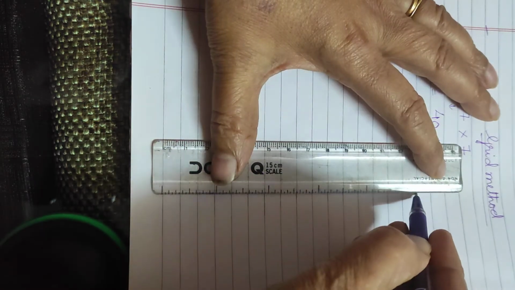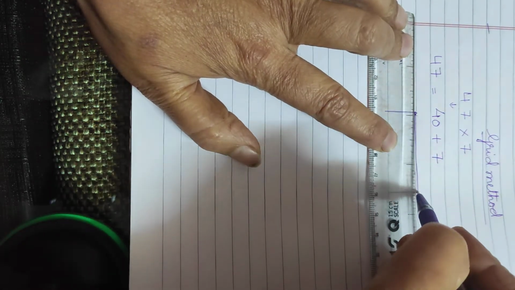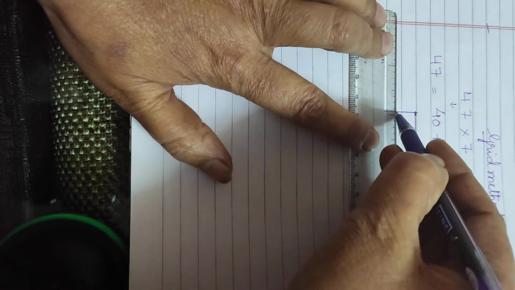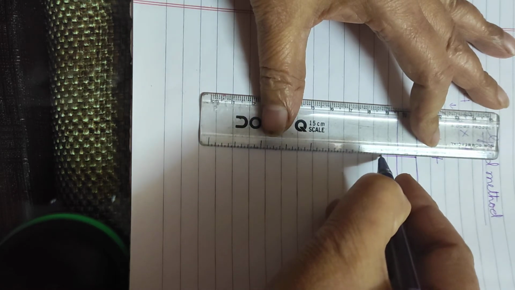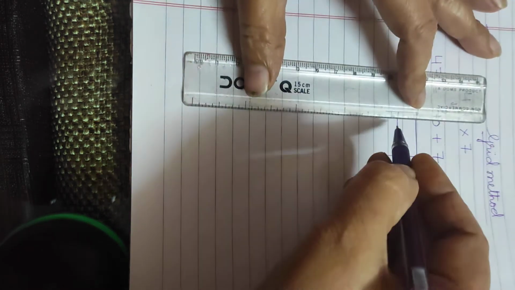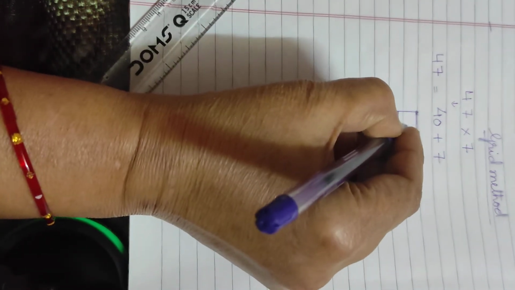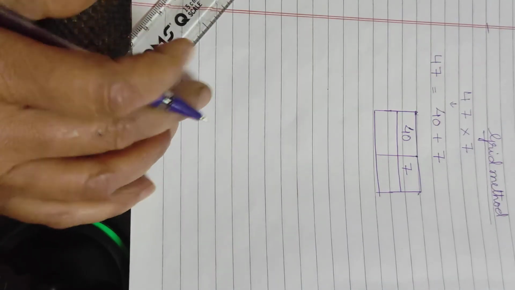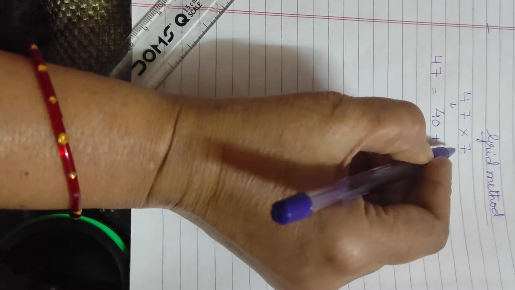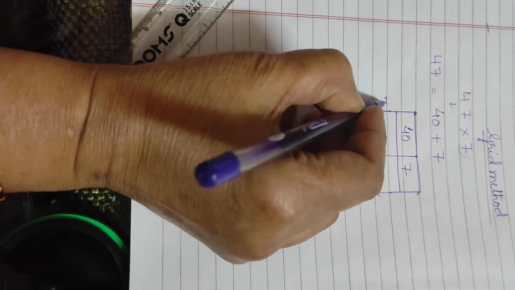Grid means you will make a box and write this expanded form, 40 and 7. Now you have to multiply this number by 7. So 7 you will write down.